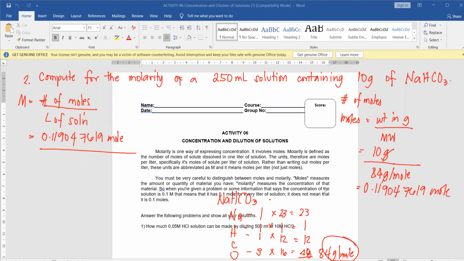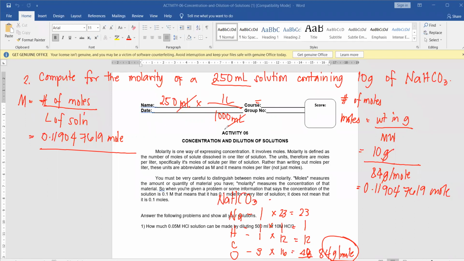And then liters of solution, the given is 250. All we need to do is to convert this. So i-convert natin siya 250 ml. Our conversion factor is sa 1 liter meron kang 1,000 ml. So makancel natin yung ml.